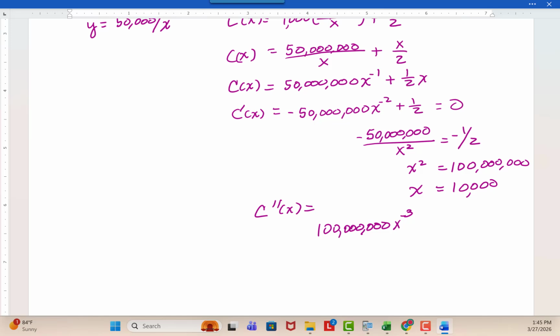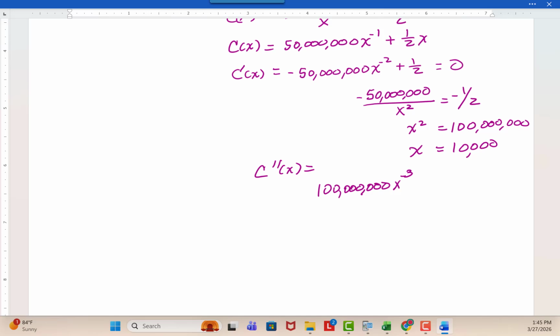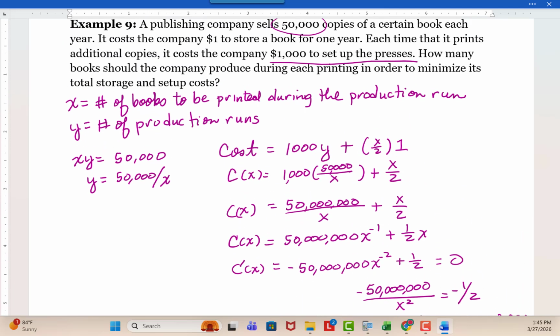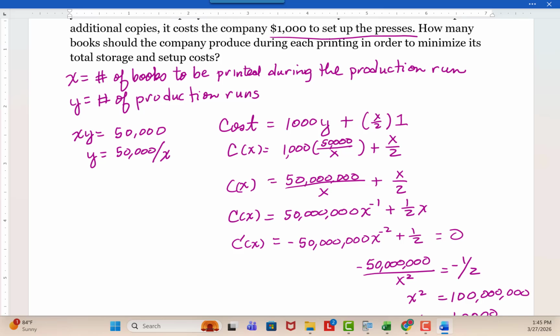That's our second derivative. If we plug in 10,000, it is going to be positive, greater than 0, which means it's concave up, and therefore we have a relative minimum. So x equals 10,000 is our number. How many books should the company produce during each printing in order to minimize its total storage and setup costs? Our answer is 10,000 books per printing.